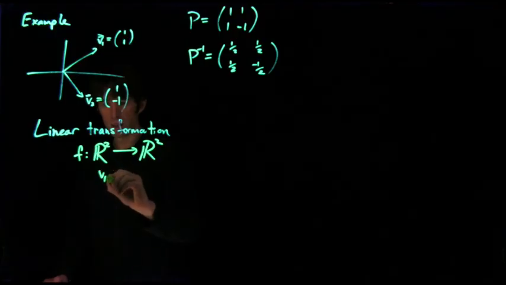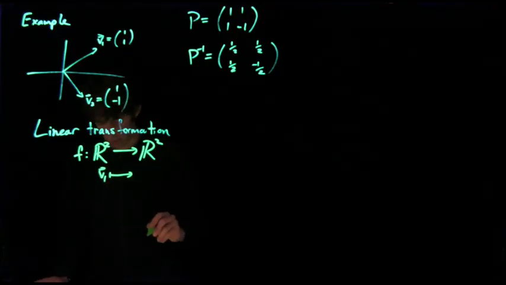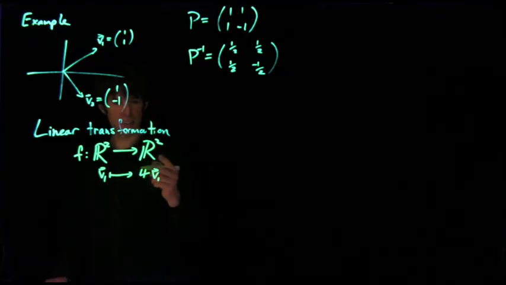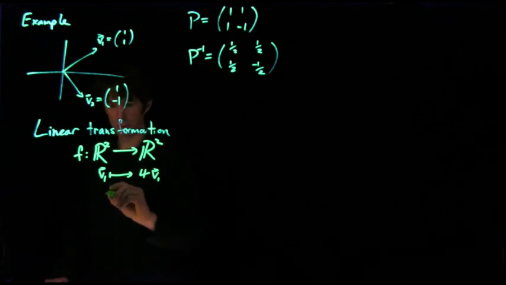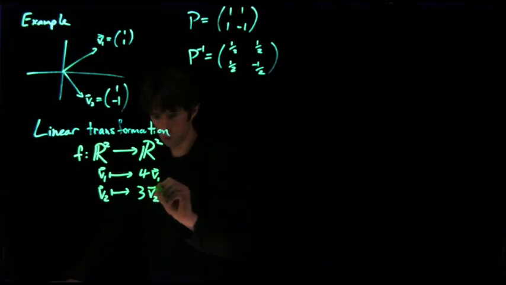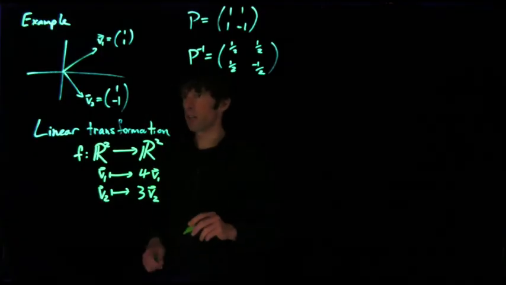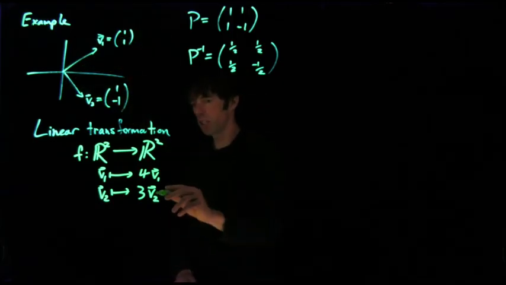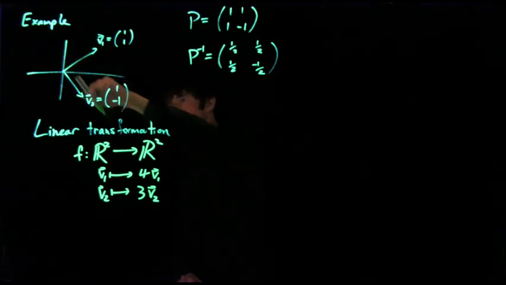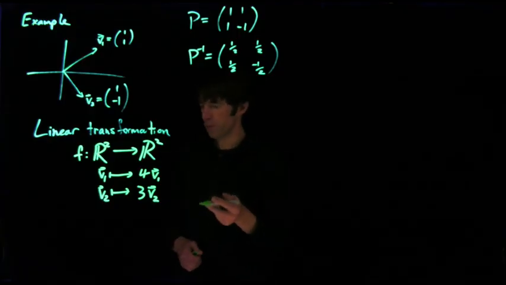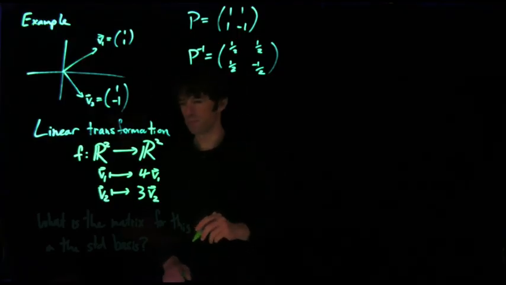I'm going to say v1 is sent to 4 times v1, so it scales the first v basis vector by a factor of 4, and v2 it scales by a factor of 3. OK, so here's a linear transformation. It's stretching things by a factor of 4 in this direction, and by a factor of 3 in this perpendicular direction. That defines a linear transformation, but what is the matrix for this in the standard basis?